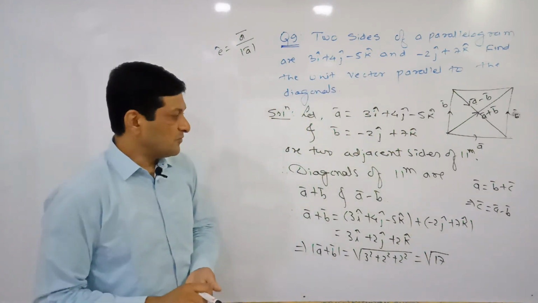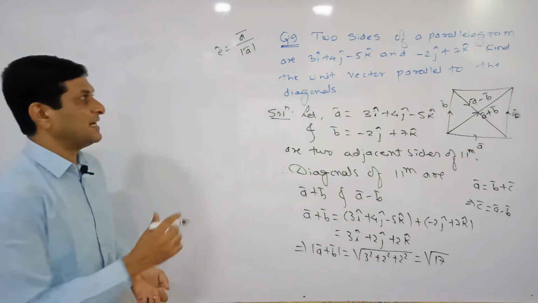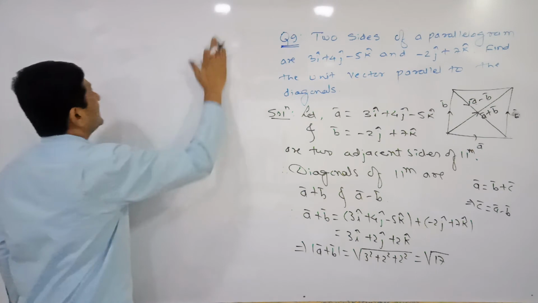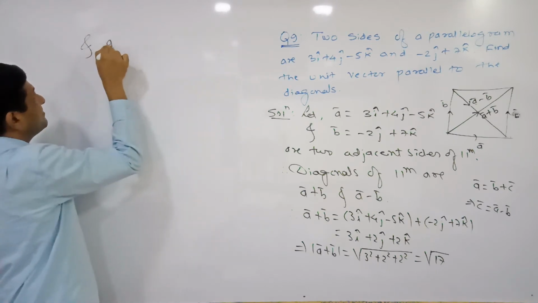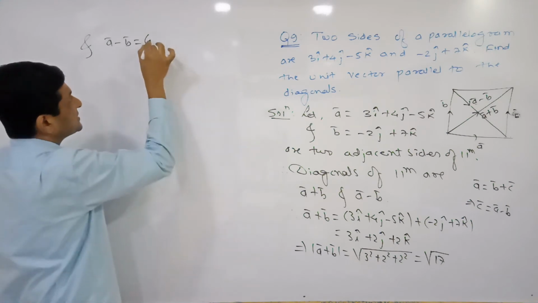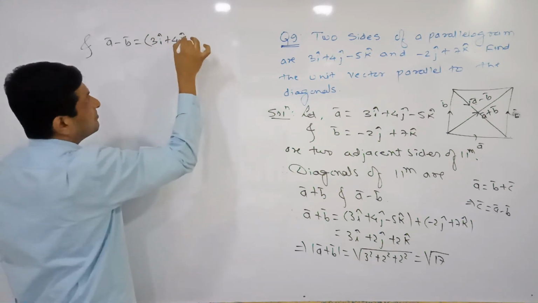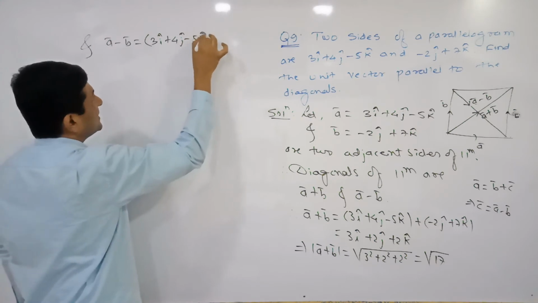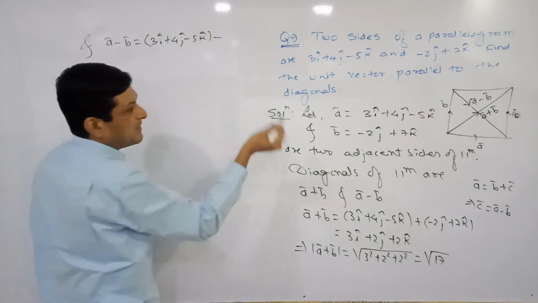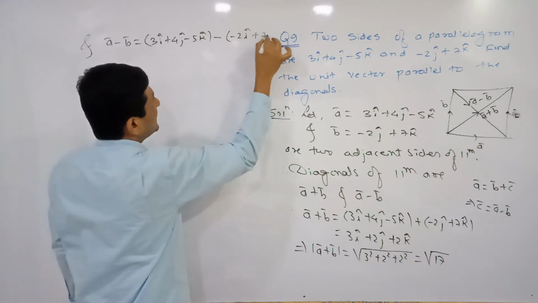Now we are trying to find the value of A bar minus B bar, meaning the vector along the second diagonal. A bar minus B bar is equal to, substituting the value of A bar, which is nothing but 3i cap plus 4j cap minus 5k cap, minus the value of B bar, which is 2i cap plus 7k cap.